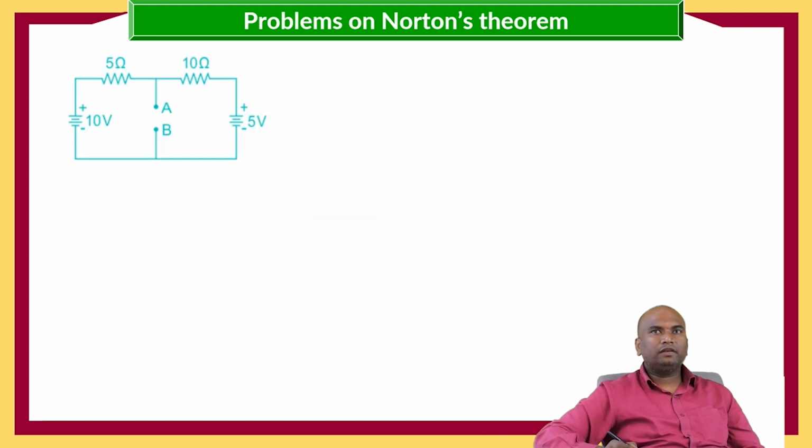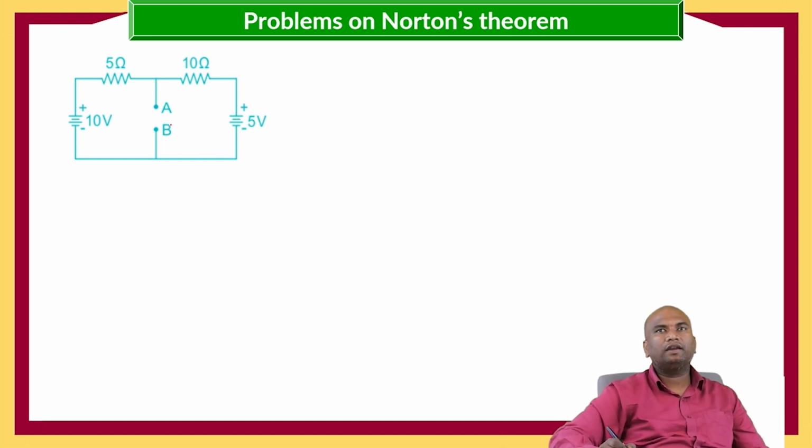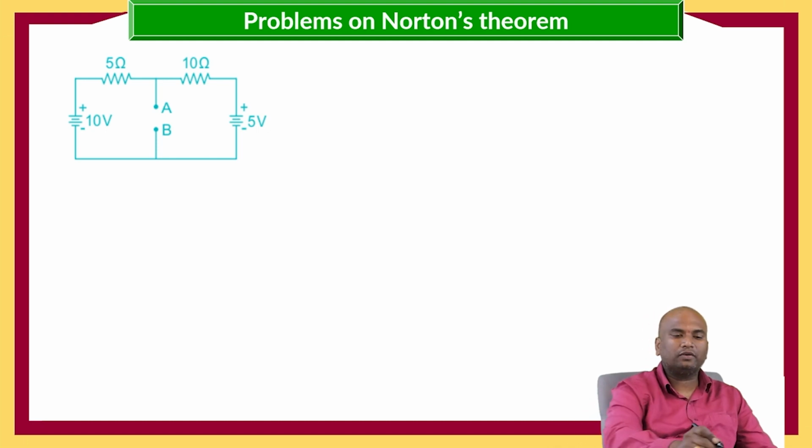The next one is we need to calculate the current flowing through AB terminals. Here are the load resistance terminals or AB terminals. Now we need to calculate Norton's current and Norton's resistance corresponding to the given circuit.